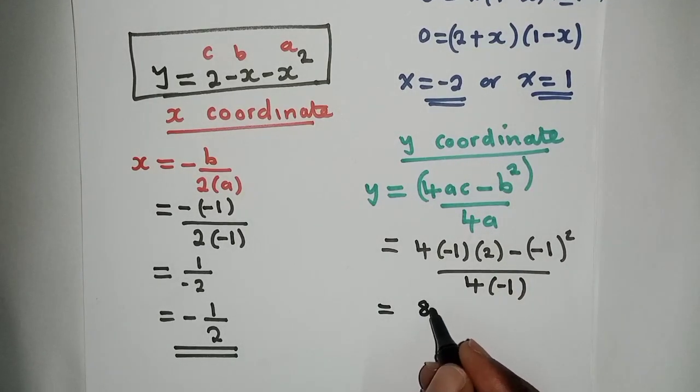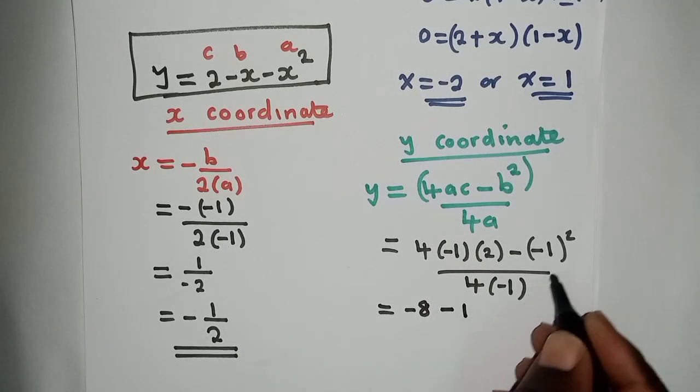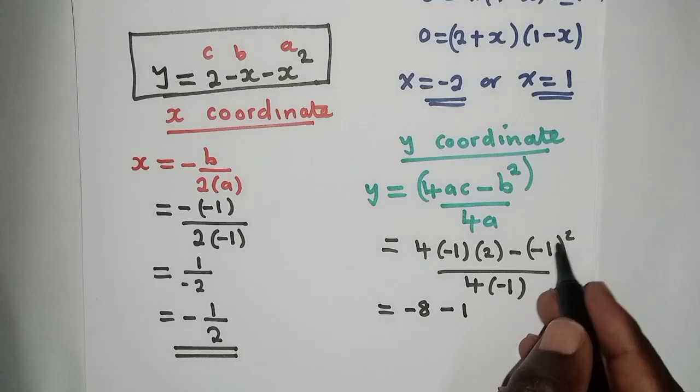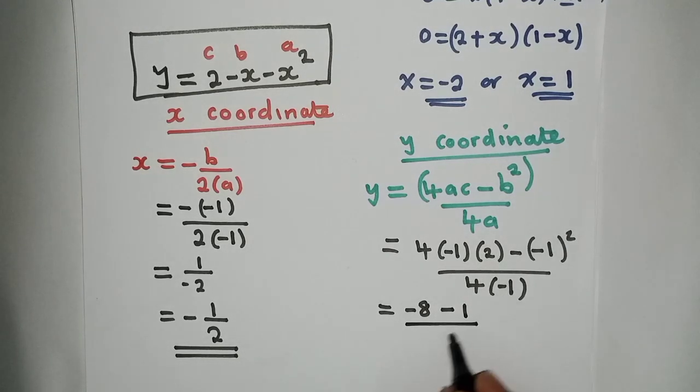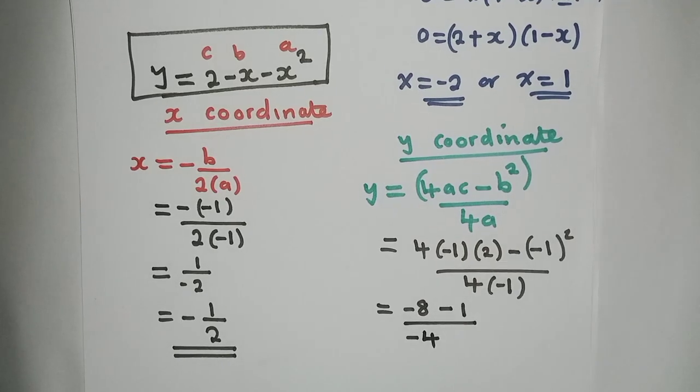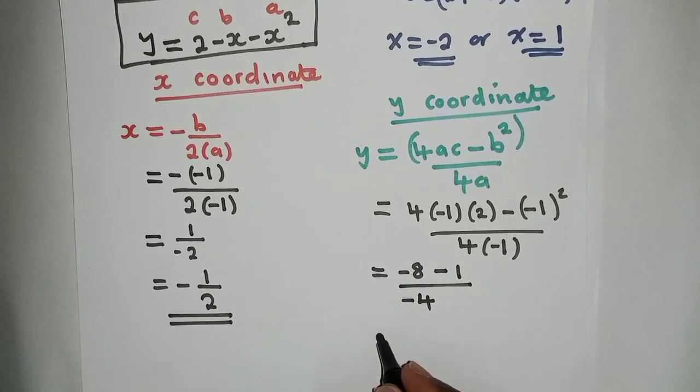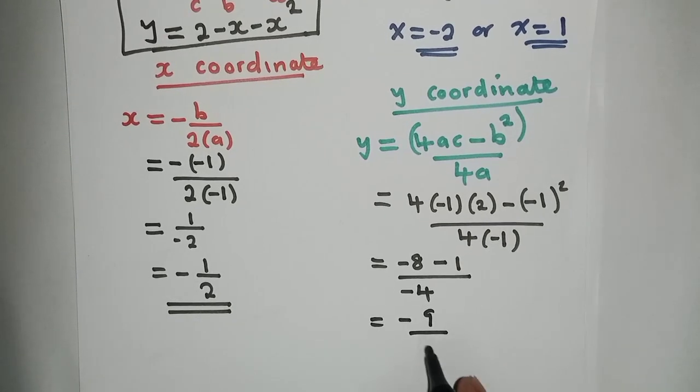This will give us -8 when you multiply, minus 1, because here there is power 2, which makes this one positive, and then there is a minus in between. Here we have -4. We have -9 over -4 right here.